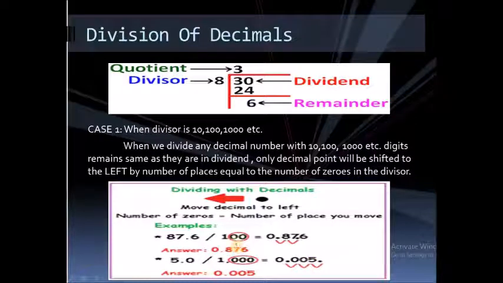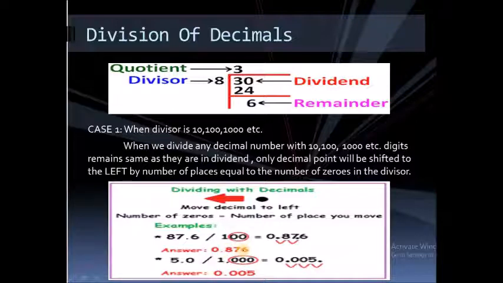Here you can see this is my divisor, because I am dividing this dividend by a divisor, that is 100. In 100 you can see there are two zeros. So for division you have to shift the decimal point two times to the left. My decimal point is here. If you shift this two times to the left, it will go here and then here. That means my decimal point will come before 8.